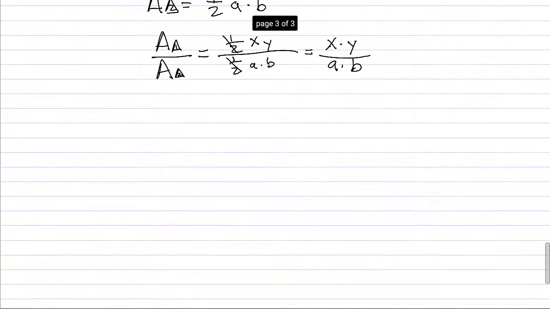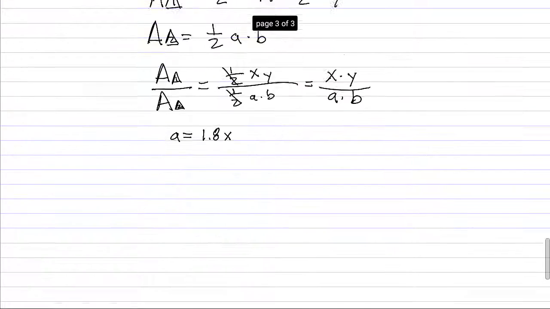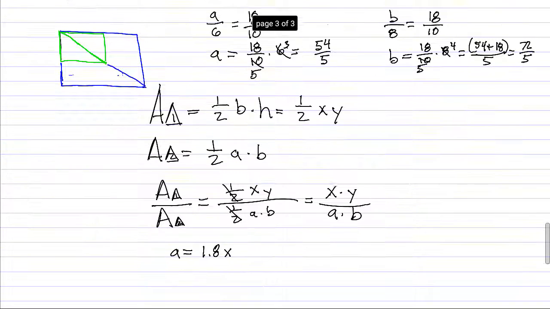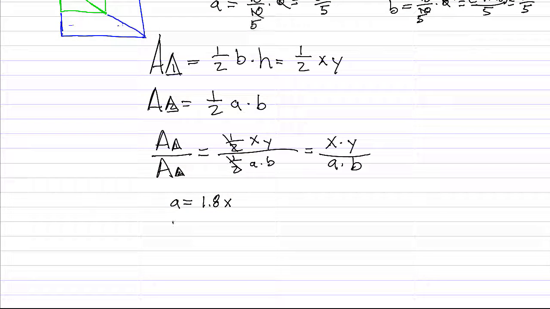But we just showed that a equals 1.8 times x, right? That's what we showed up here: a equals 1.8 times 6, where 6 equals x, and b equals 1.8 times y. So we can substitute that in. Actually, let's restate it.